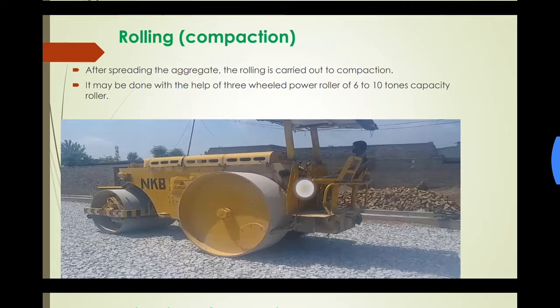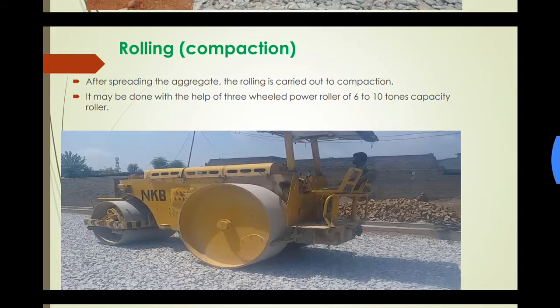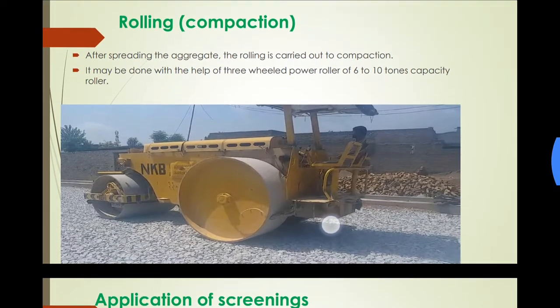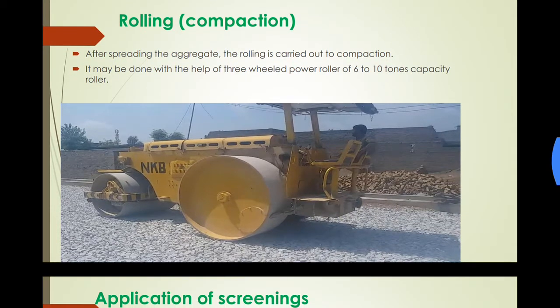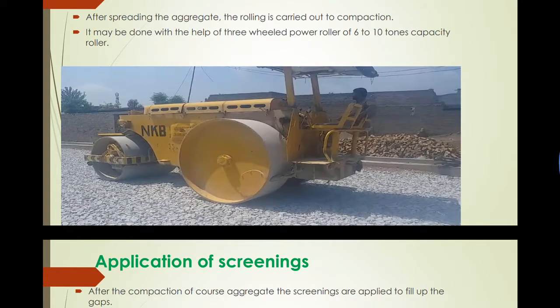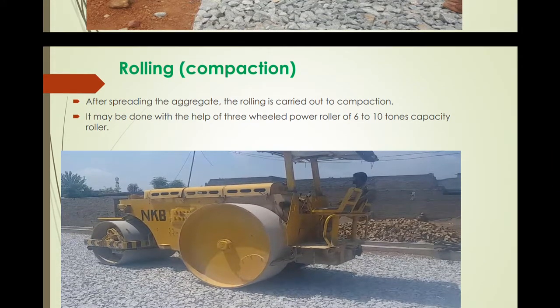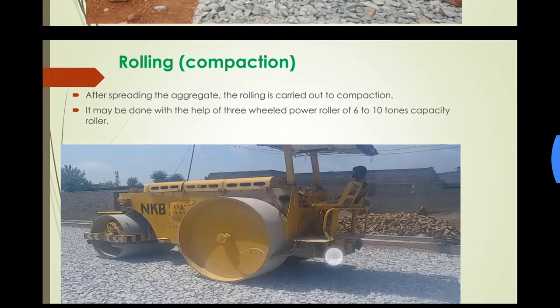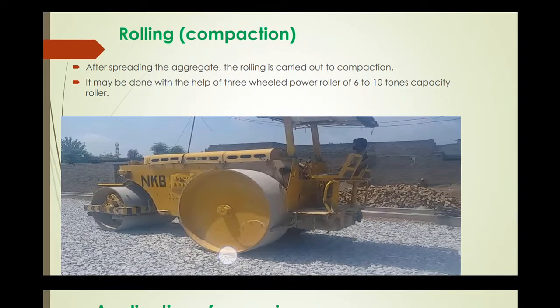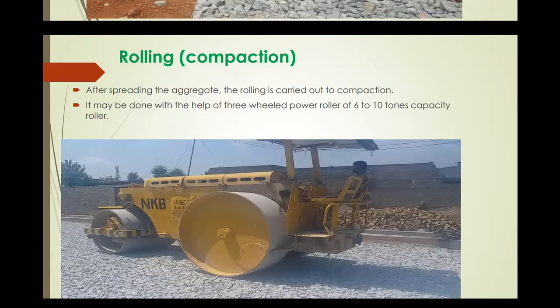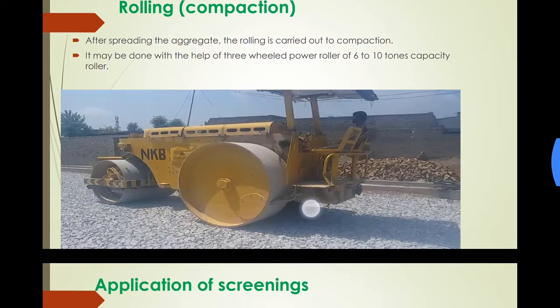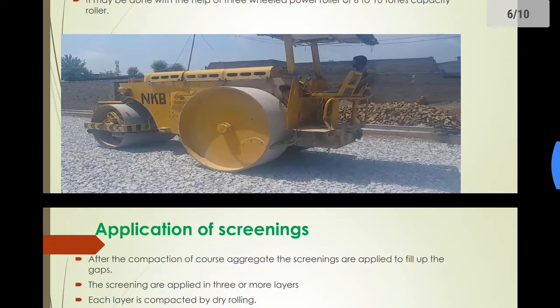the man who is operating the roller would compact the road surface at the edges first, and then he would move to the center of the pavement. He will only compact in the longitudinal direction of the road, not along the transverse direction. But he will compact the edges first, then he will keep moving towards the center.